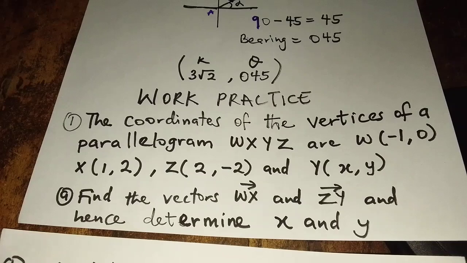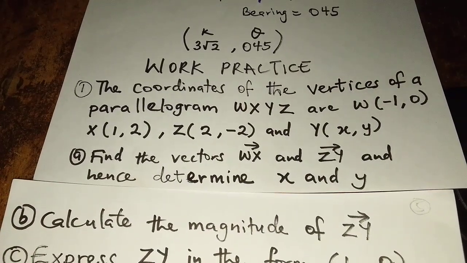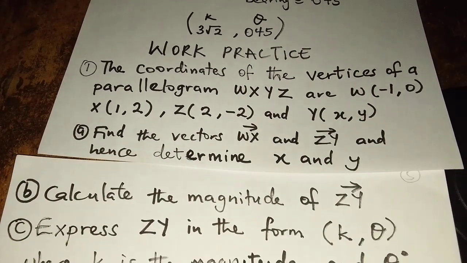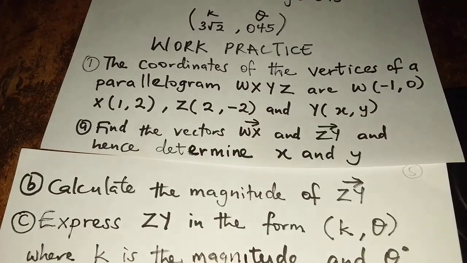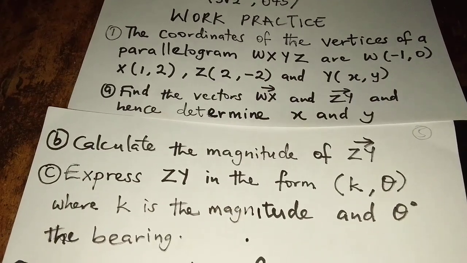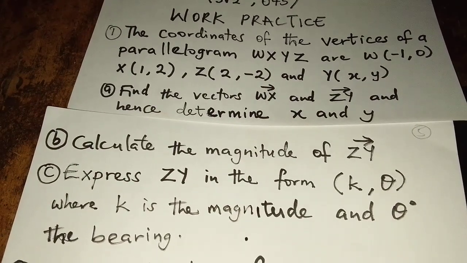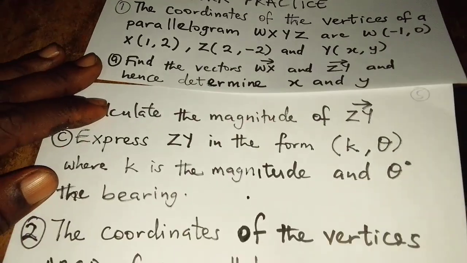Then B part of the questions, calculate the magnitude of ZY. C, express ZY in the form k theta, where k is the magnitude and theta is the bearing.